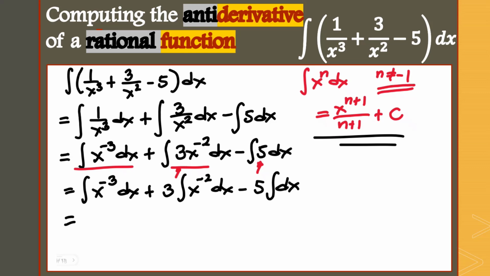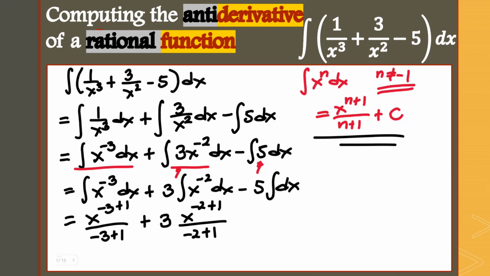So for the first two terms, you have here x to the power of negative 3 plus 1 over negative 3 plus 1, plus, second term, 3 x to the power of negative 2 plus 1 over negative 2 plus 1. And of course, you have your minus 5, and the integral of dx is just x plus c.